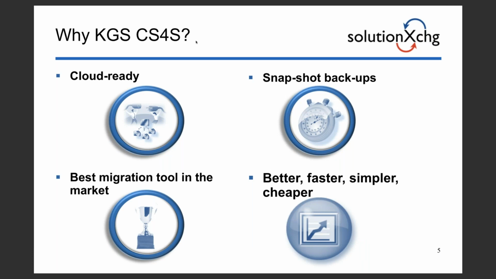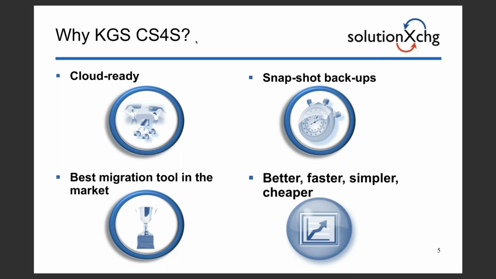Why would we specifically look or highlight the KGS content server for storage? The content server for storage, with its architecture, has many features that are quite suitable for cloud operation. It is in itself cloud ready by utilizing a web service architecture that services the SAP Archive Link Interface.